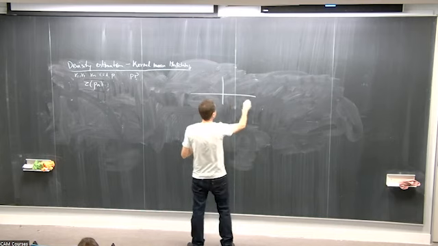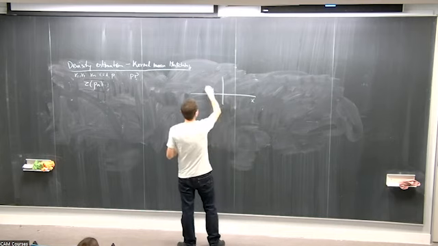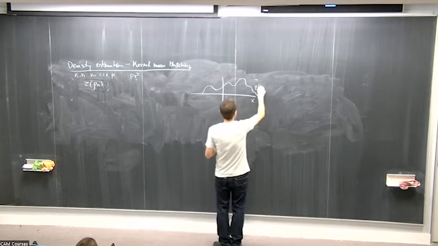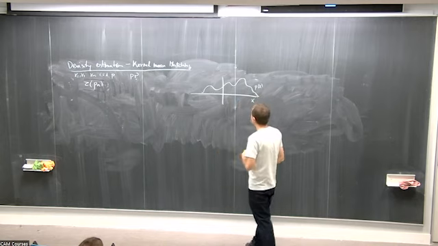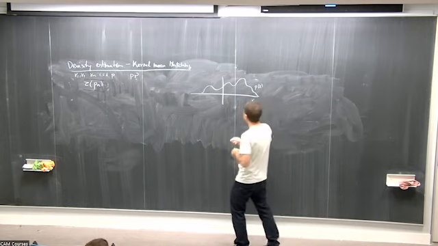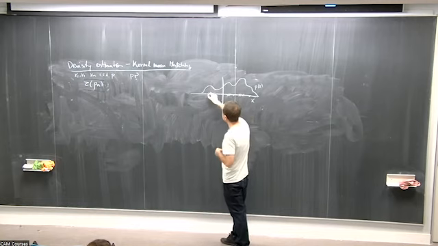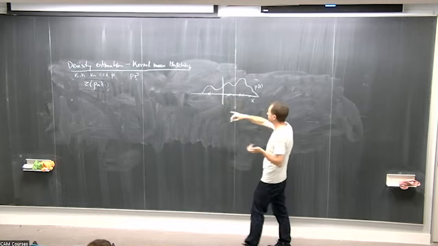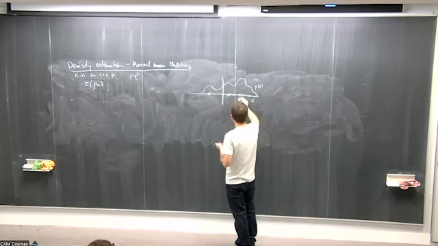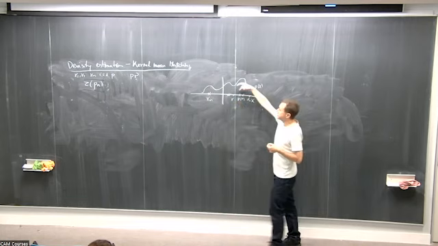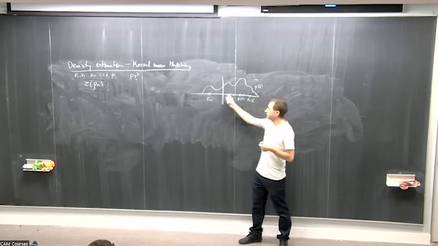So let's make a picture. The distribution of the random variable can be something like this, and then we have samples from it. Maybe some of them are here, and then something like this. We have n samples, and we want to estimate the distribution from these samples.